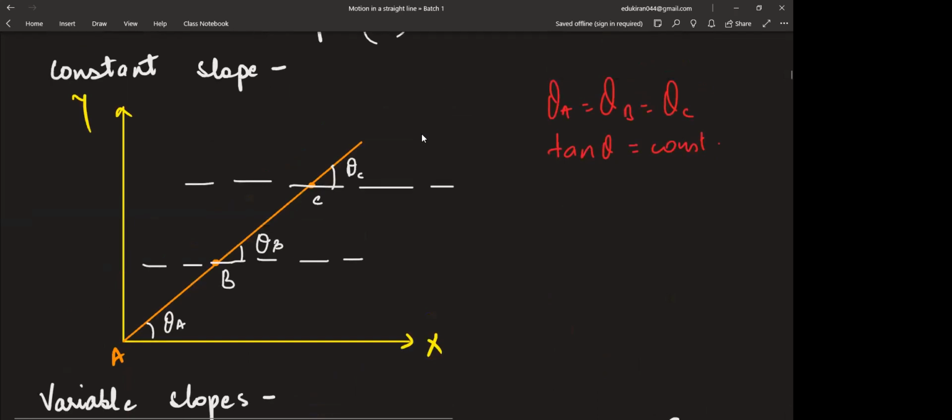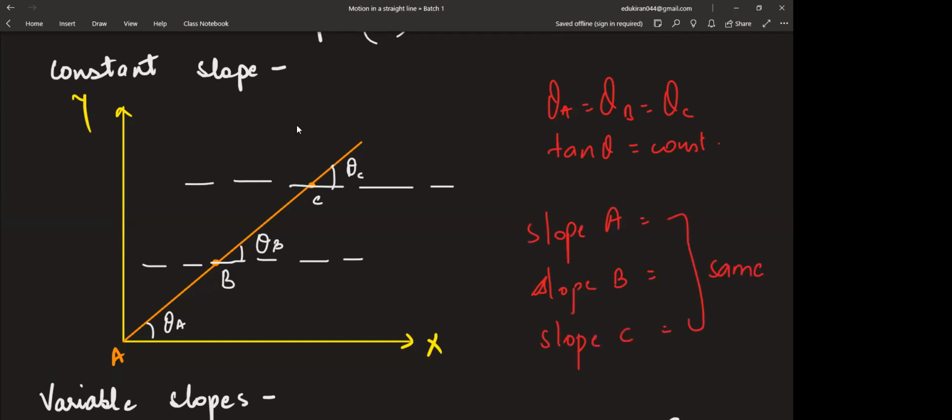Here, whatever is the angle, theta A is equal to theta B, which is equal to theta C. It means the slope of A is equal to the slope of B, which is equal to the slope of C. All these are the same. So you get a constant slope graph, which we have studied above.